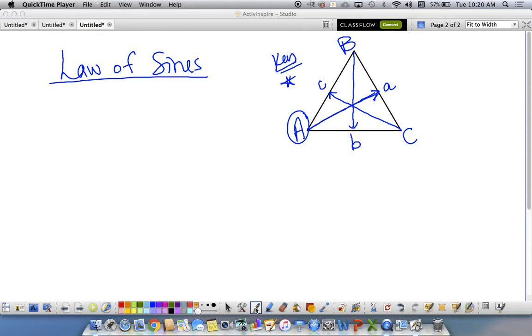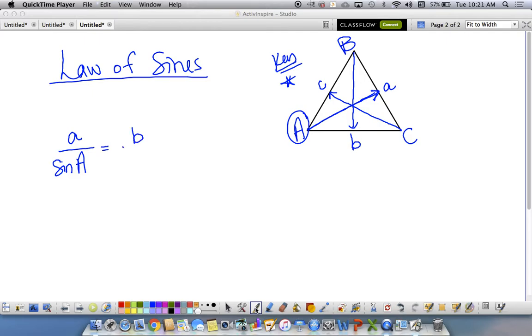Imperative, you have to keep this. I don't know if I can stress it anymore because the law of sines requires that you know this. Because the law of sines simply says side A divided by sine of angle A will equal, these are all going to be ratios, proportions.